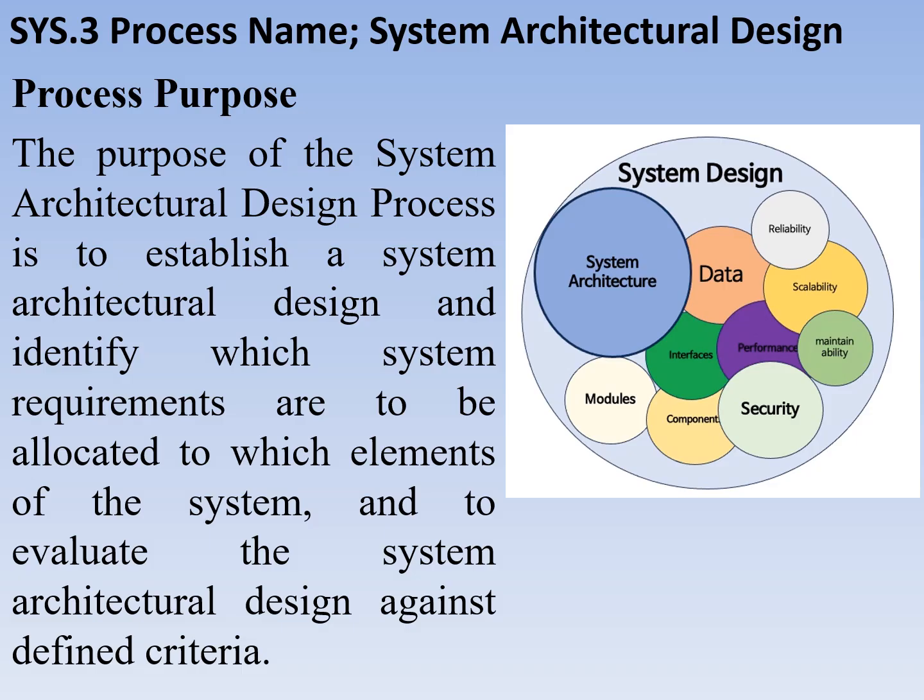The purpose of the system architectural design is to establish a system architectural design and to identify which system requirements are to be allocated to which elements. Understand this word carefully. Allocated. You have to allocate the right element to the right requirement of the system and to evaluate the system architectural design against defined criteria.